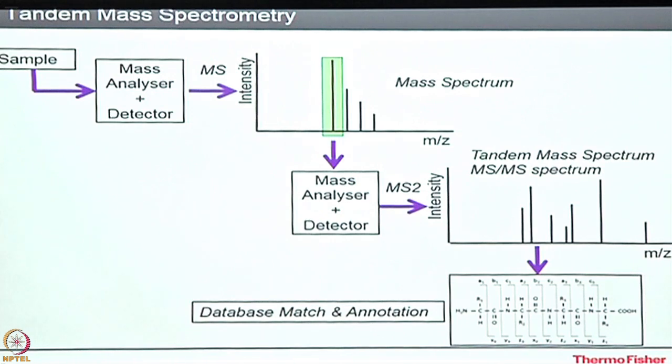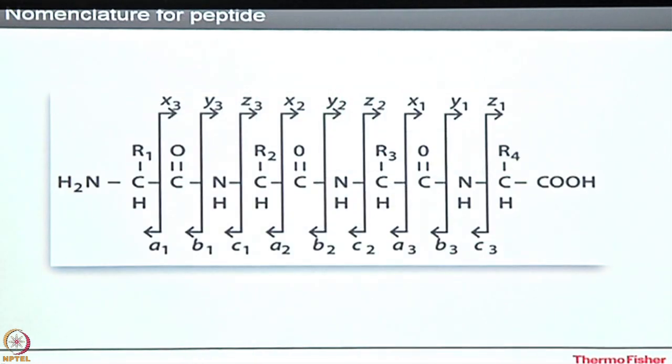Okay, so now come to the nomenclature of identifying the ions. This is basically the nomenclature for how you can assign your peptides. This is an example of a peptide of 4 amino acids, R1, R2, R3, R4. Now when you apply voltage to fragment the molecule in MS2, these 3 bonds, C alpha C, CN and NC alpha, can be broken.